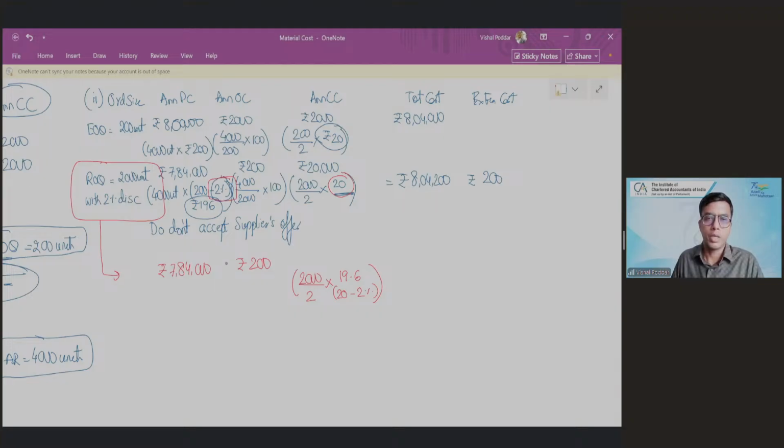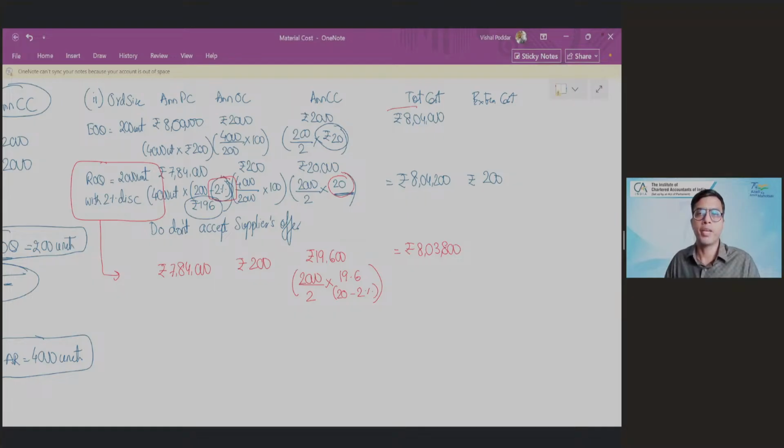Now, if I go by this, my total cost will change. In fact, my whole answer will change, because now this will become 8 lakhs 3,800.